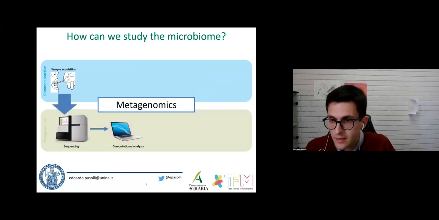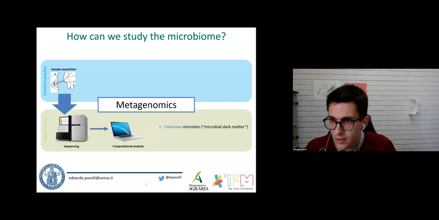The alternative is metagenomics, in which we go directly from the sample to the sequencing. In this case, we have a major requirement to usually do extensive computational analysis, since we have a large amount of data of different complexity.